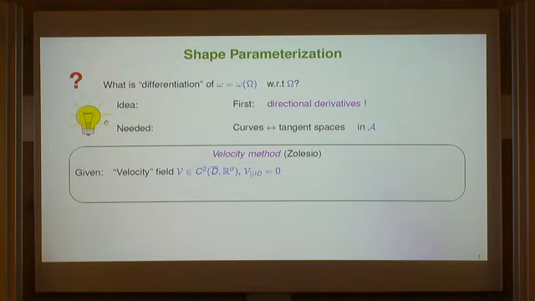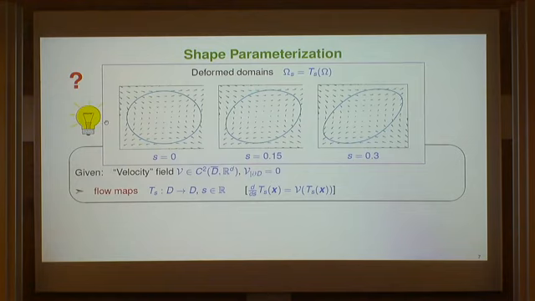This velocity field induces a flow, so a one parameter family of diffeomorphisms of this whole hold-all domain. So it's a family of flow maps. And now the flow carries along domains inside the hold-all domain.